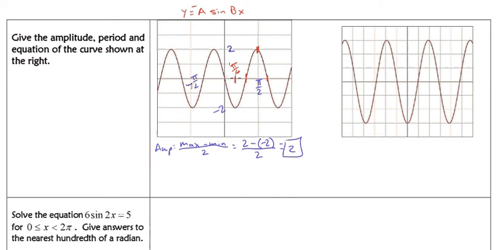So 1 step is pi over 6. 2 steps is 2 pi over 6, which is pi over 3. 3 steps in is 3 pi over 6, which is pi over 2 when you reduce it. And then the end of our period is going to be 4 steps in, 4/6 pi, which reduces down to 2/3 pi. Okay, so that's our period.